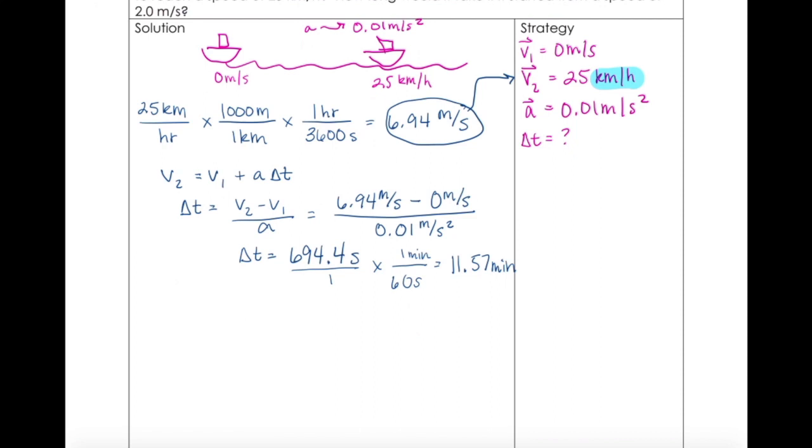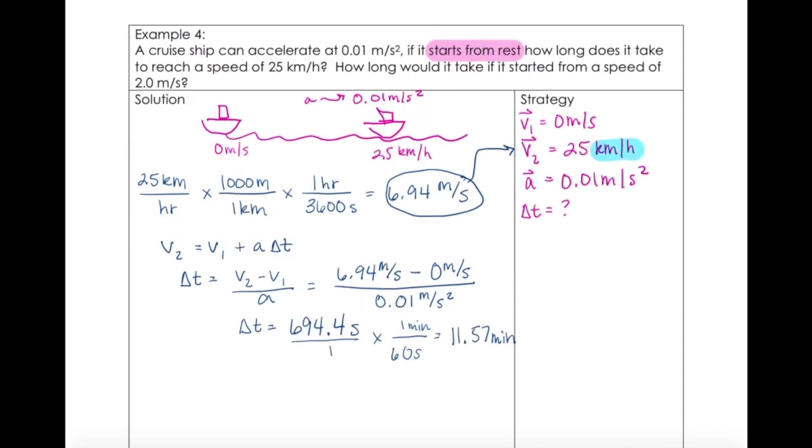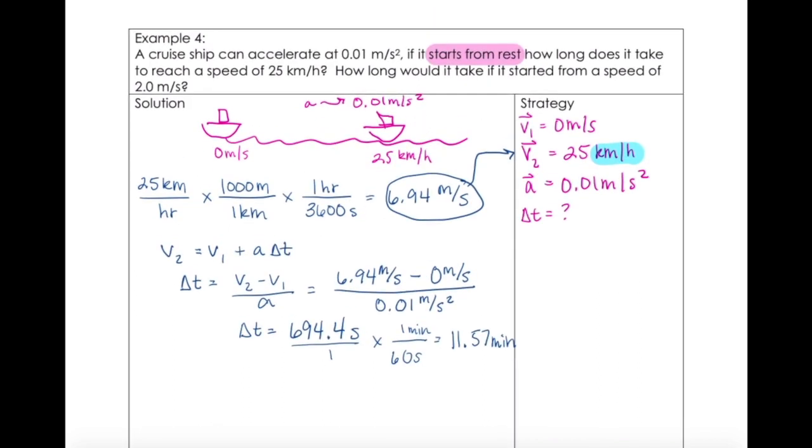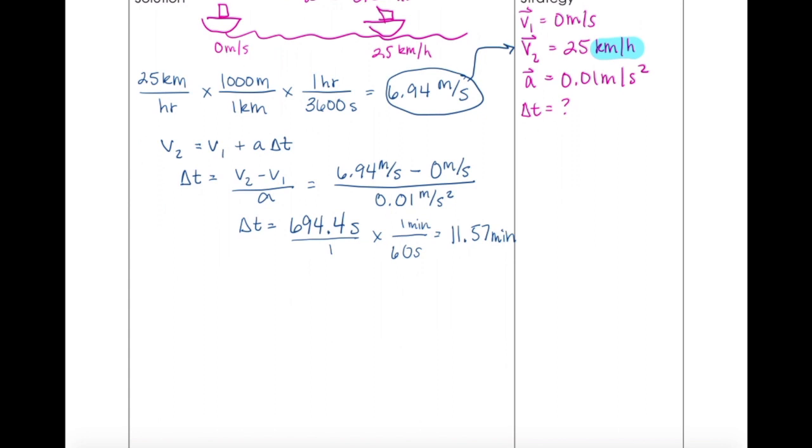The acceleration is still the same, but your initial speed is changing to 2. Okay, so here it started from a speed of 2 meters per second. So that is our new initial velocity, V1, is going to be 2 meters per second.